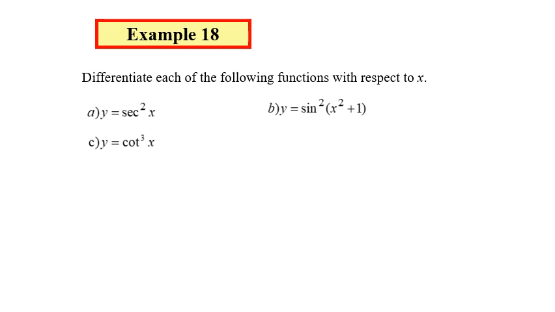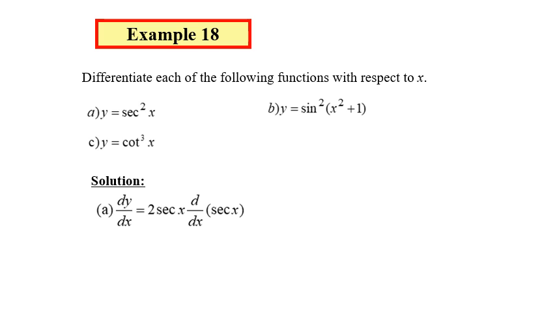Right. Now in example 18, we have three questions. The first question A, y equals secant squared x. Notice, this time we have y equals, so no need to put d/dx, just straight away dy/dx.